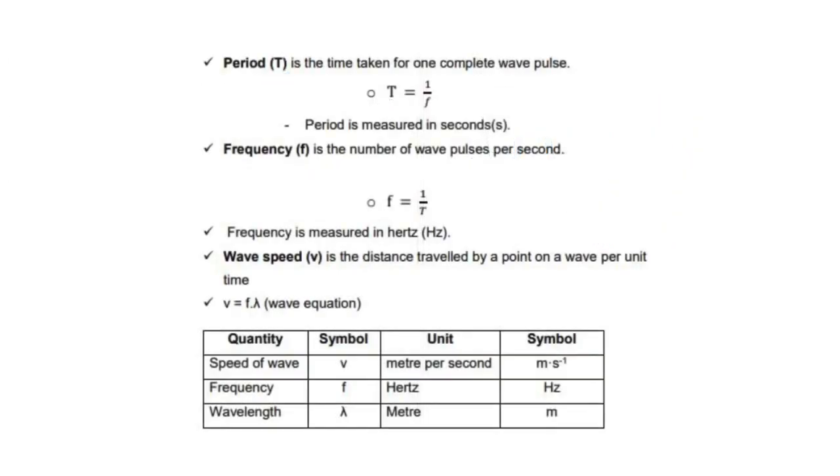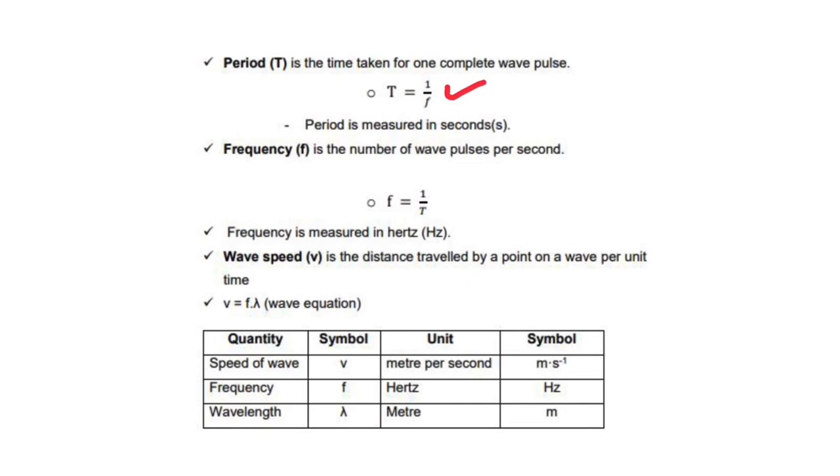Let's talk about the period, frequency, and the wave speed. So the period, by definition, is the time taken for one complete wave pulse. We use the symbol T to denote the period. It is equal to 1 divided by f, where f is the frequency. The SI unit for period is second.